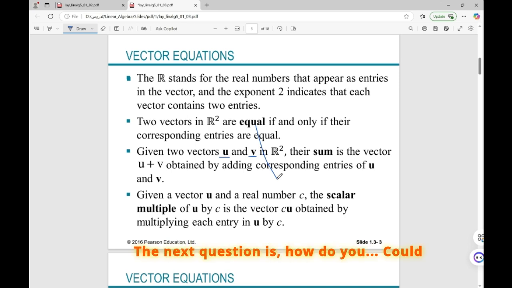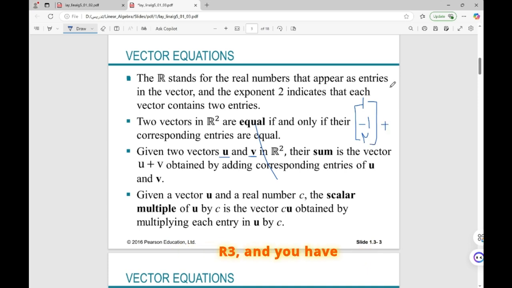Could you write an example, please, doctor? Okay, if I can write here. So you have a vector like 1, -1, and 2. It is defined in what space? In R3. And you have another vector like 7, 1, and 1.